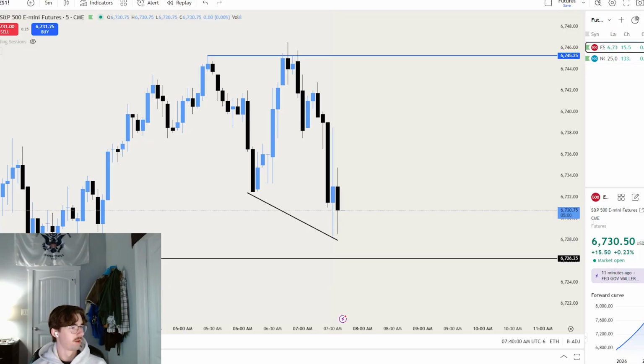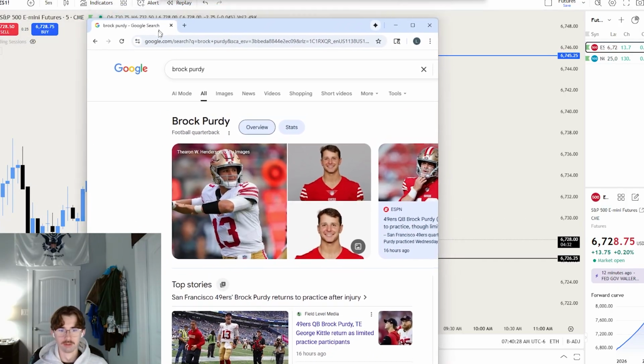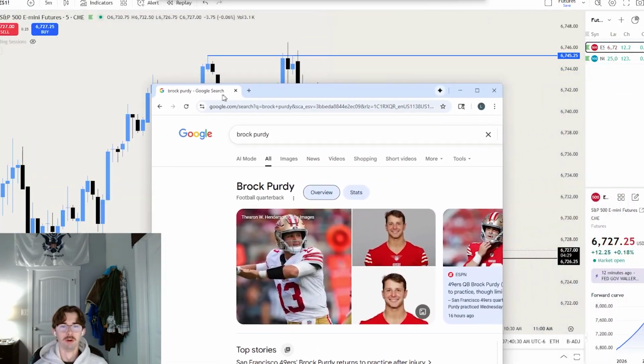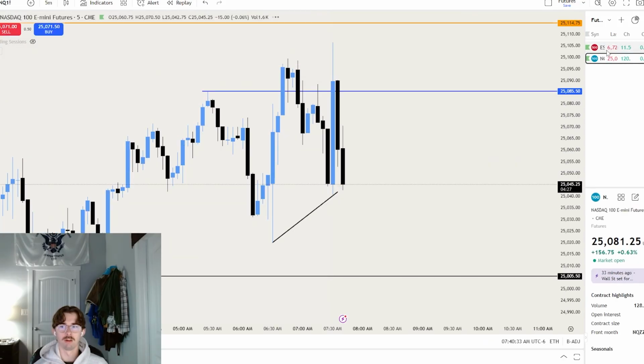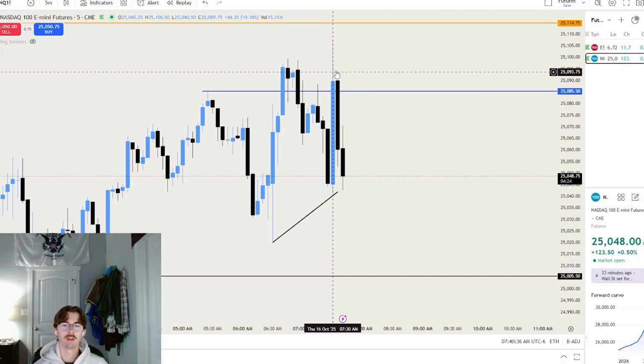Oh, George Kittle's back. Let's go. See what Purdy's up to. Oh, my sweet Brock Purdy. Brock Purdy's back. Limited, but he's back. But Ricky is still out. Oh my gosh, bro.